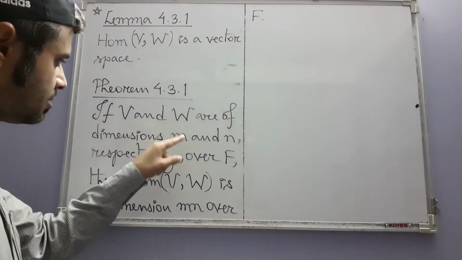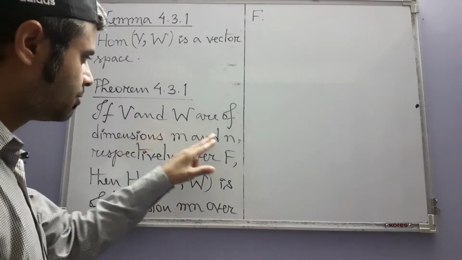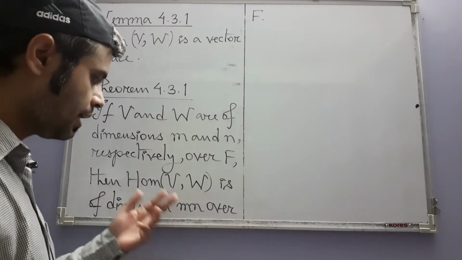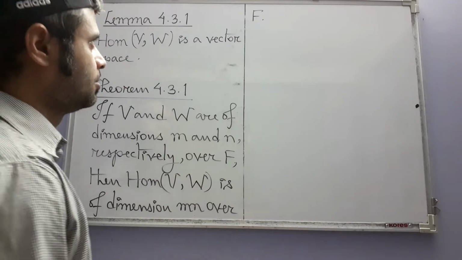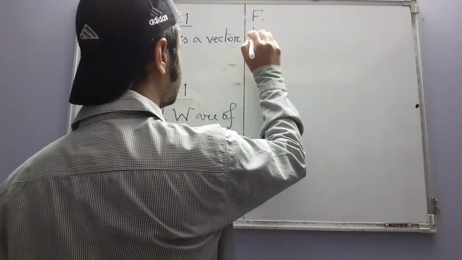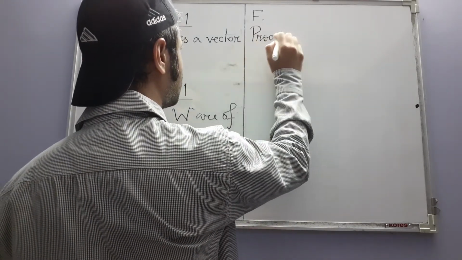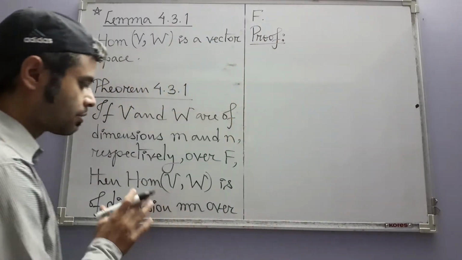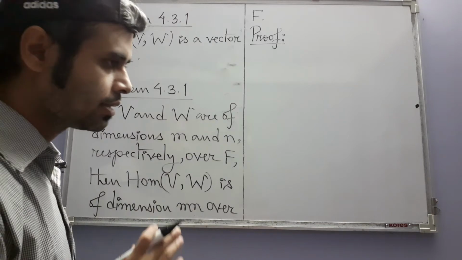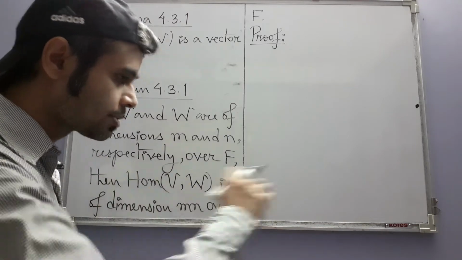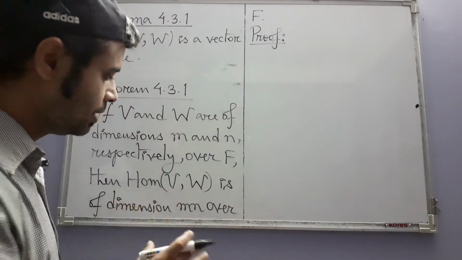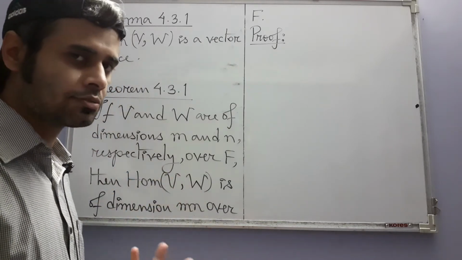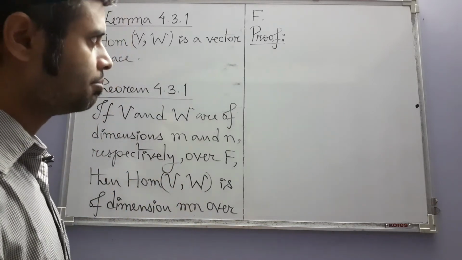If V is m dimensional and W is n dimensional over F, then Hom(V, W) is mn dimensional. So let's now see the proof. The author states that we are going to prove this statement by explicitly exhibiting one basis for this space that has mn elements, because that would tell us that the dimension is mn.